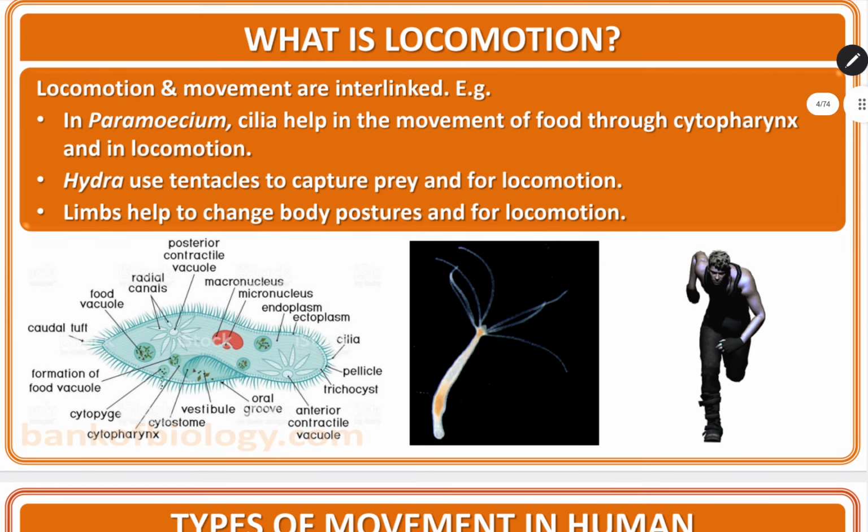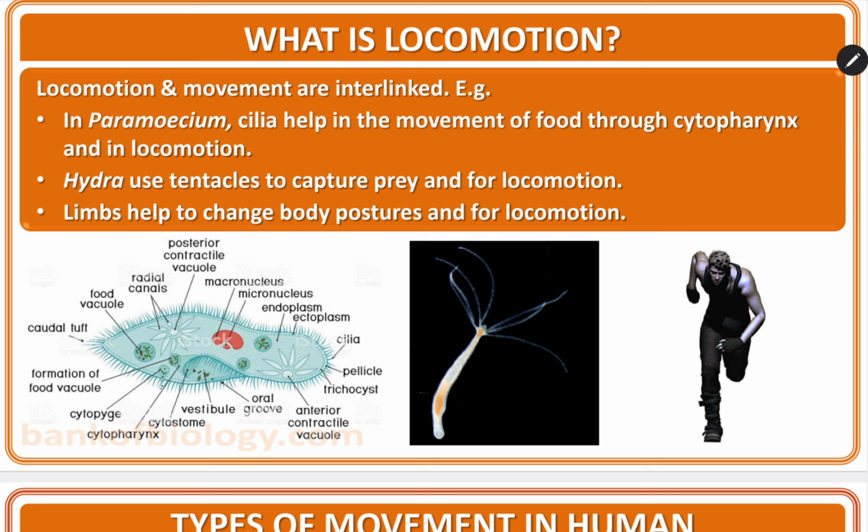Next, locomotion and movements are interlinked. Example, in paramecium, cilia help in the movement of food through the cytopharynx, and in locomotion, hydra use tentacles to capture prey and for locomotion, and limbs help to change body posture and for locomotion.